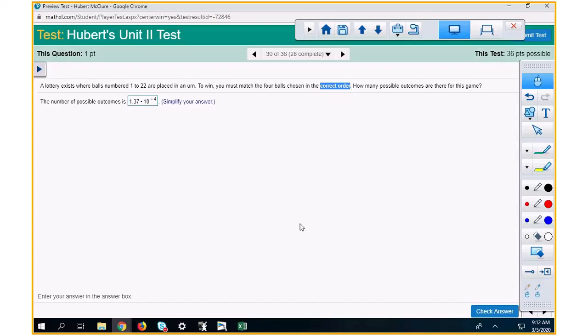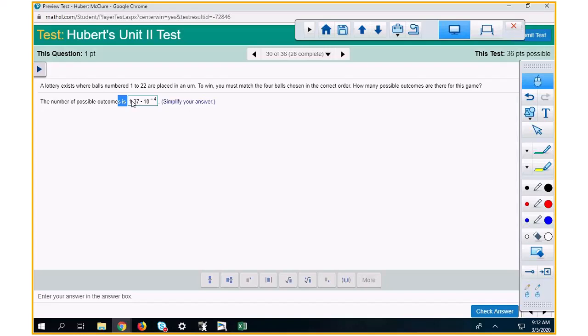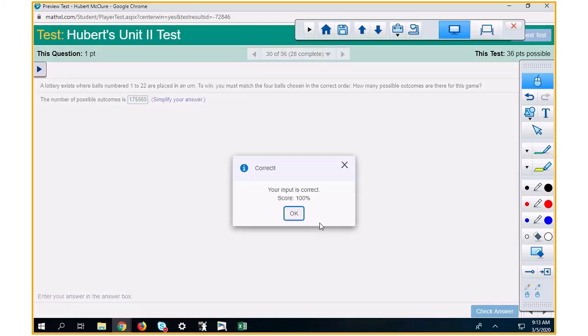Correct order. It's a permutation. They never do lottery questions in a correct order. All right, somebody give me the denominator instead of a combination. Give me 22 permutation 4. 175,560. That's probably it.